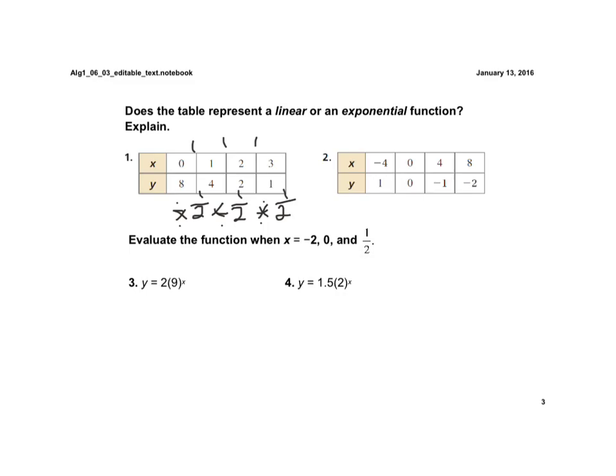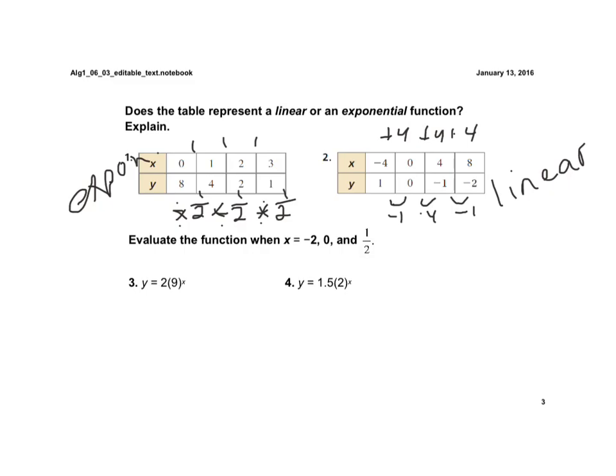Okay, so this would be exponential. This one, these are adding 4, adding 4, adding 4, so that's a constant rate. And in this case, we're subtracting 1 each time. Since it's subtraction or addition, then this represents a linear function.